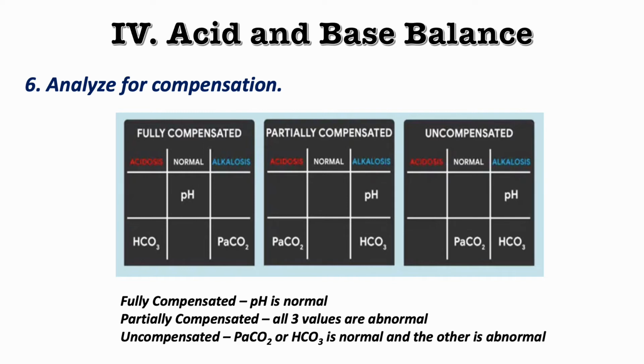Next is uncompensated. It is uncompensated if PaCO2 or HCO3 is normal and the other is abnormal. So here again, we see that pH and HCO3 are both alkalosis. Therefore, the interpretation here is metabolic alkalosis, but it's uncompensated because PaCO2 is normal.